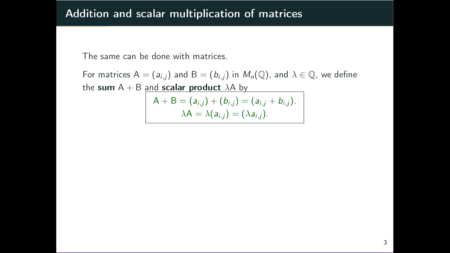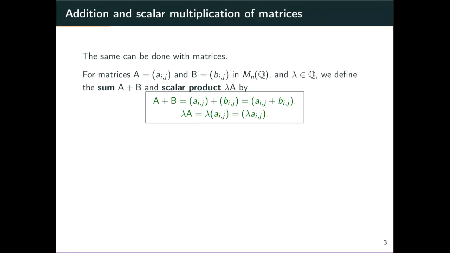Okay, so if we have two matrices, A and B, and we're going to assume that they're square matrices, n by n, and we've also got this scalar number, lambda in Q, we're going to define the sum and the scalar product in the following ways. So A plus B is going to be this matrix plus this matrix, and all we do is we add the specific positions.